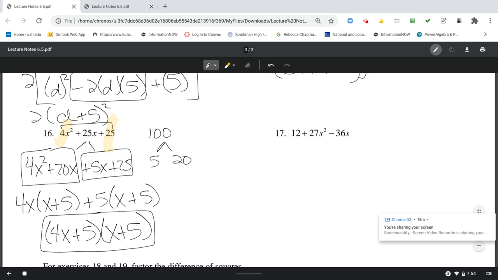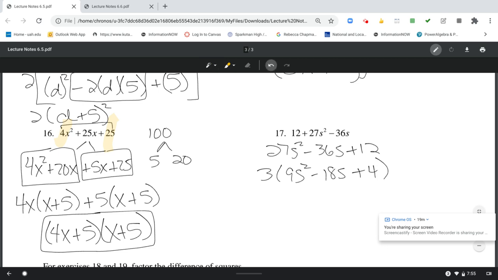All right, so now the last one, number 17. First of all, it's not in correct order, so we're going to write it as 27s squared minus 36s plus 12. We do have a common factor of 3, which leaves me with 9s squared minus 12s plus 4.